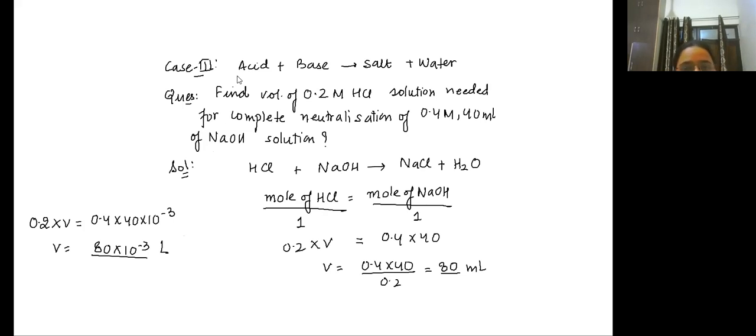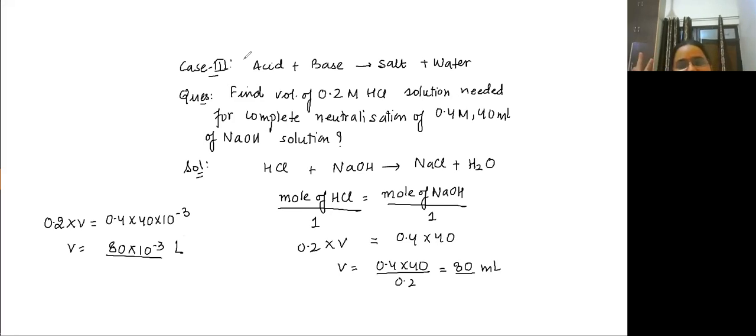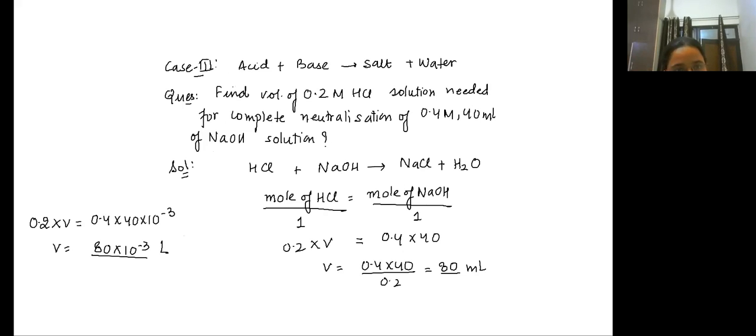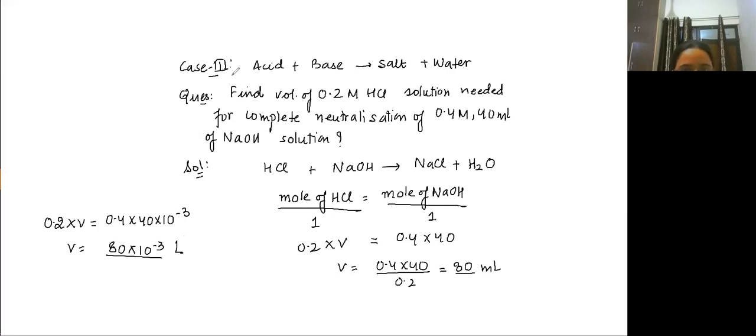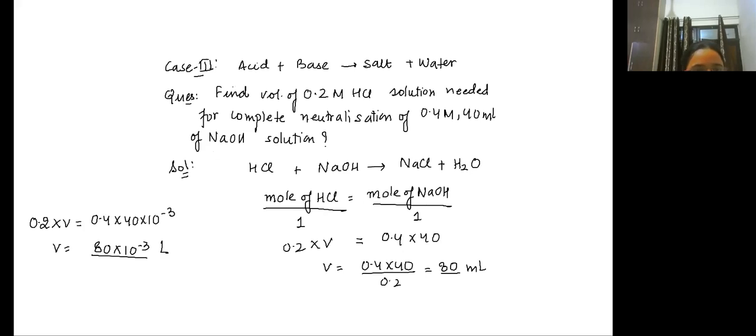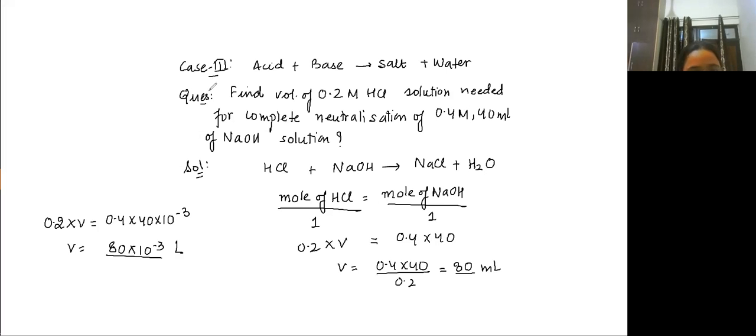So is this clear how to calculate volume if acid and base are given? Then you have to write down the reaction. If this is done, can I move to the next question? Copy this.